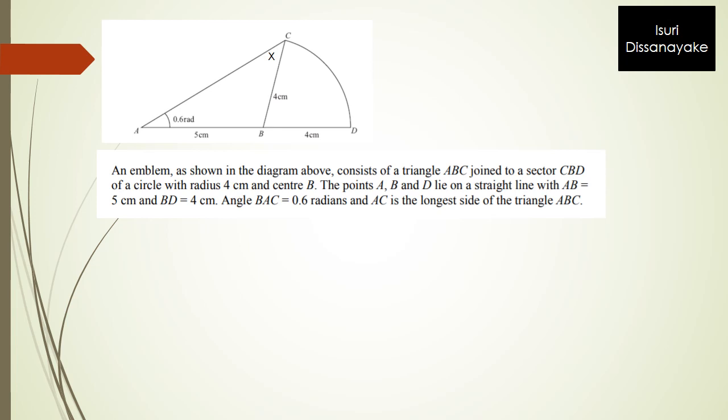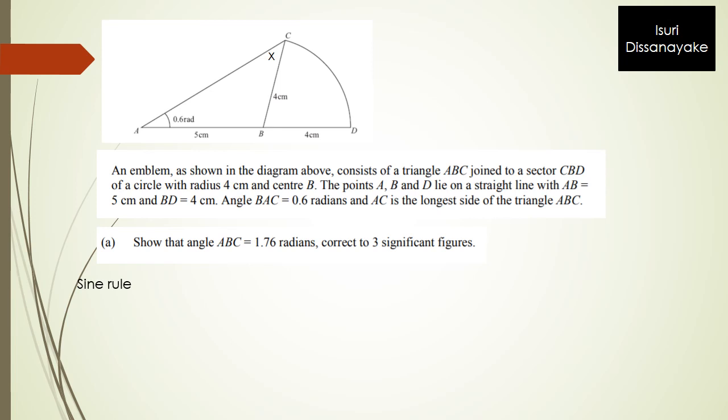Angle BAC equals 0.6 radians and AC is the longest side of the triangle ABC. Show that angle ABC equals 1.76 radians correct to 3 significant figures.